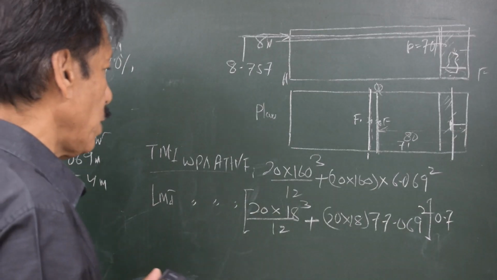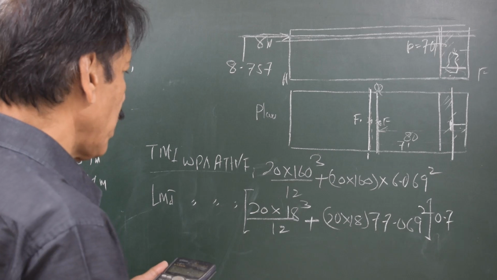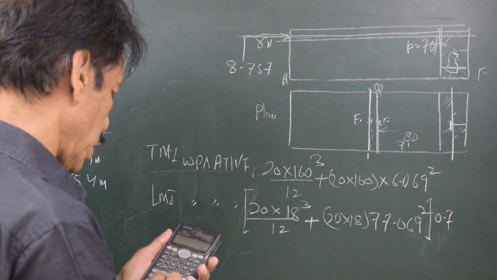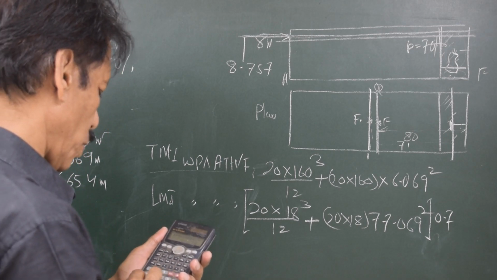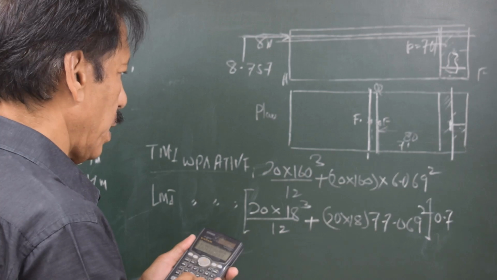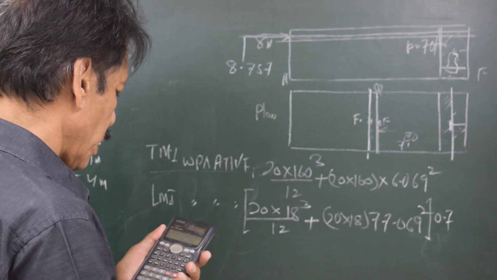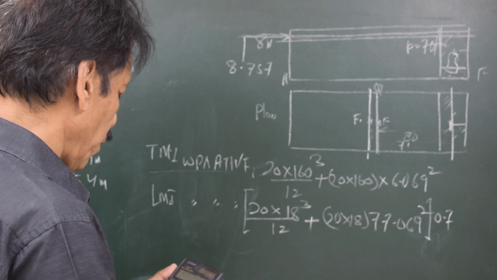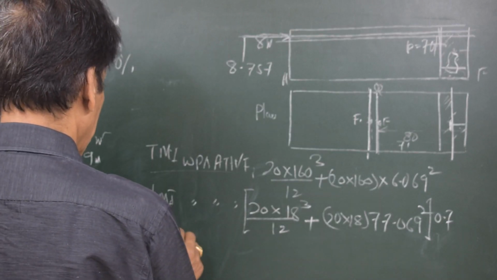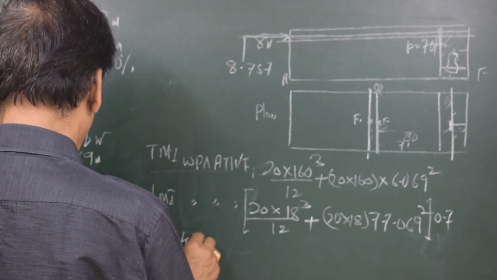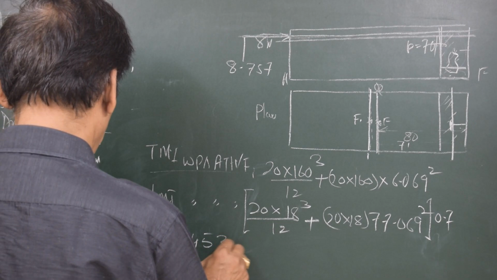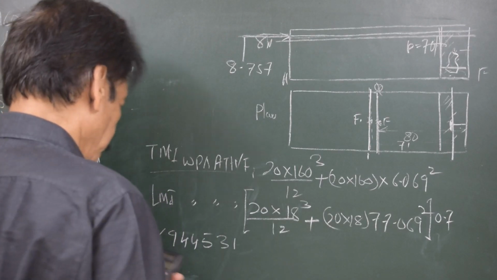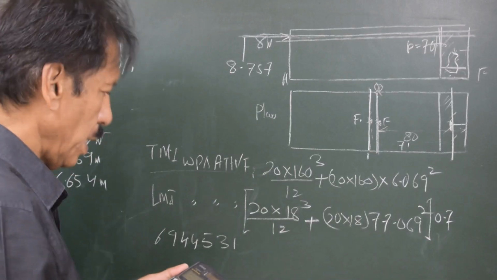Let's solve these expressions. Now the first expression is 160 into 160 into 160 into, it closes. This expression is 6944531.5, and after the decimal can be neglected basically.